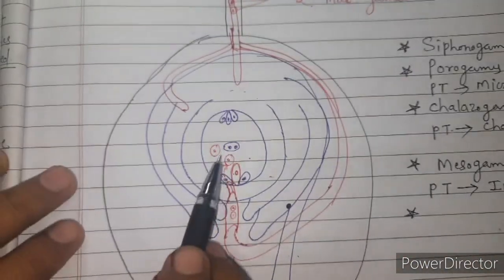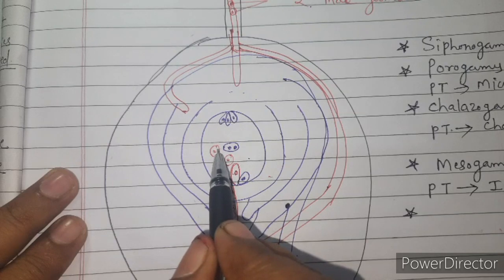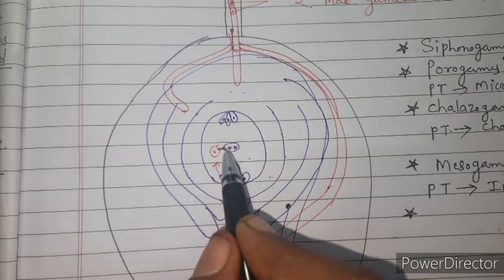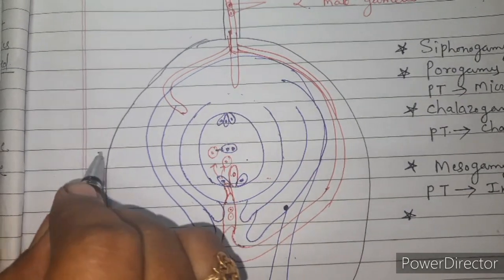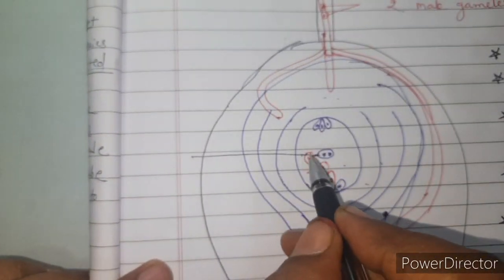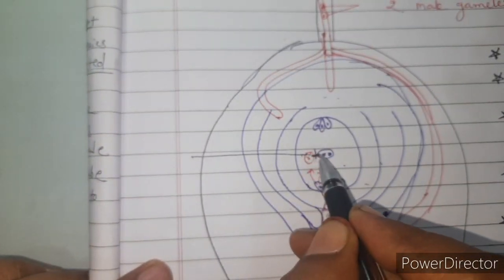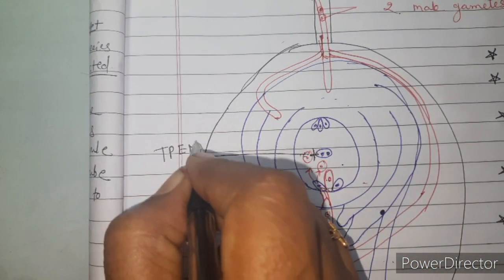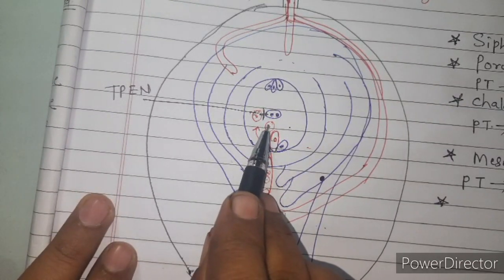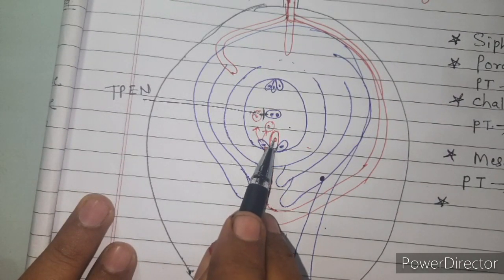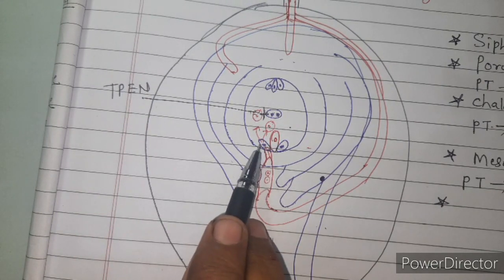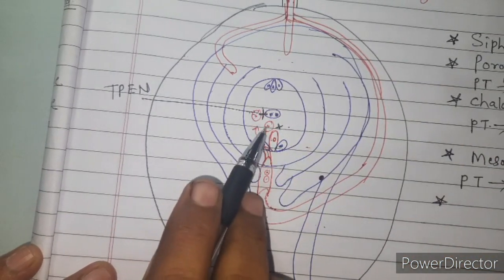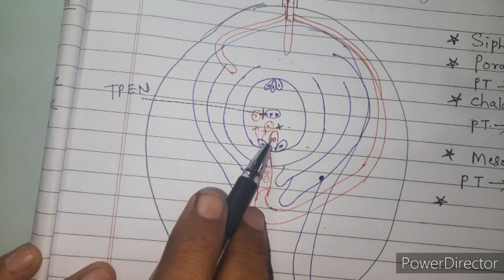Now, that structure is formed. This male gamete fuses with the diploid nucleus and there is formation of TPEN. Now, one male gamete is directed towards the egg by the filiform apparatus of the synergid. There is fusion of one male gamete with the egg. You know this is the egg.